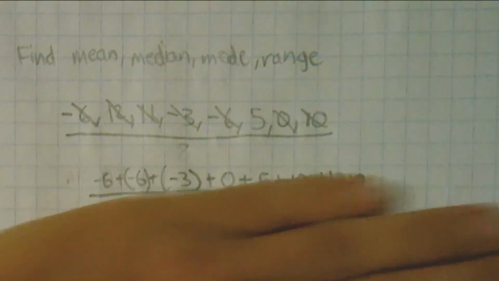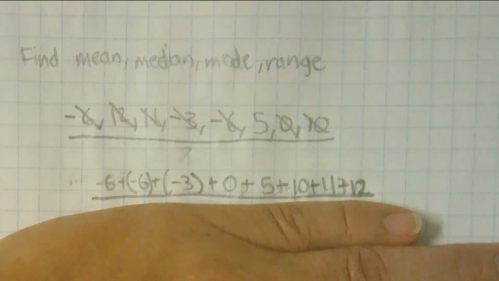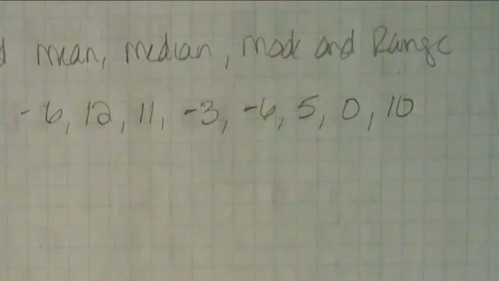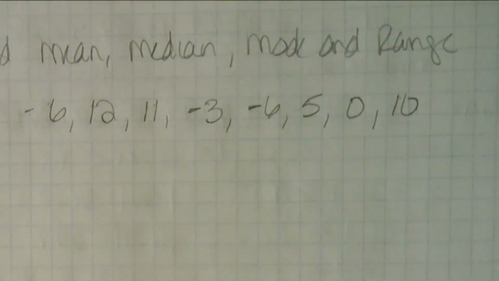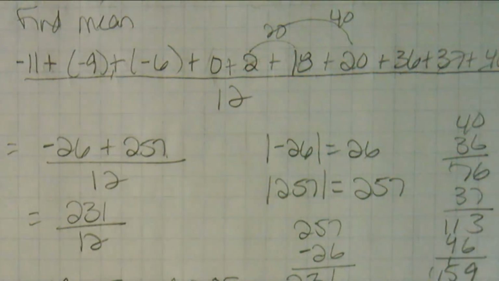It's not just listing these numbers, and it's not just listing them in order of least to greatest with commas underneath them. I know that I was very clear with you when I said you need to write a mean equation, that this is the work that I am expecting to see.